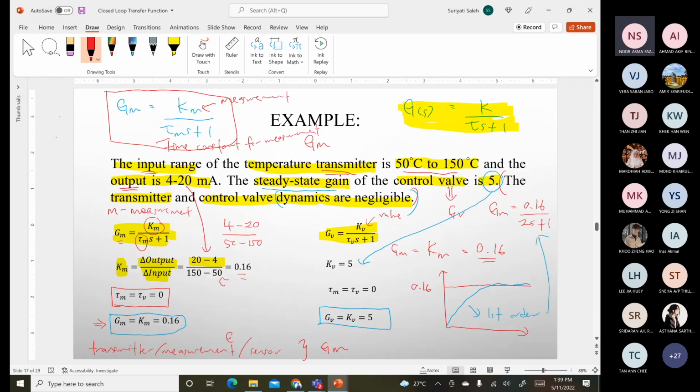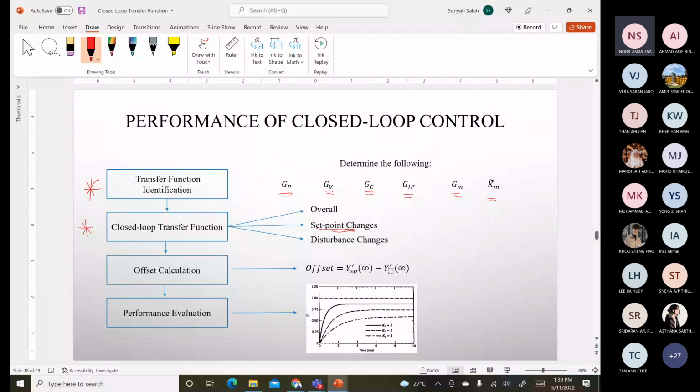Once we know what the change is, either the set point or disturbance, we do the offset calculation. So what is meant by offset calculation? For example, this is our target set point. If we refer to the level, I want the level maintained at 7 meter.